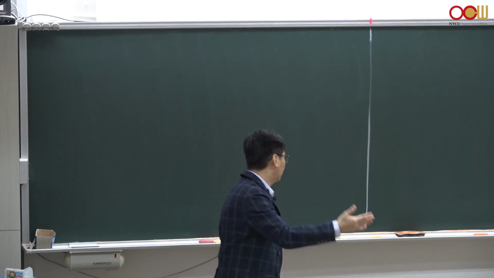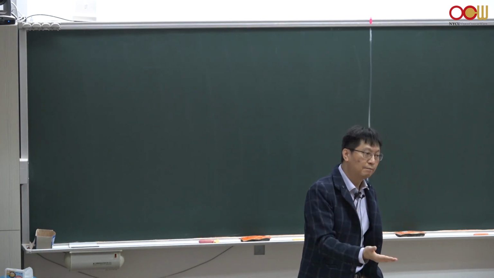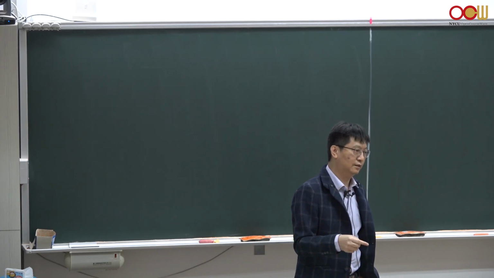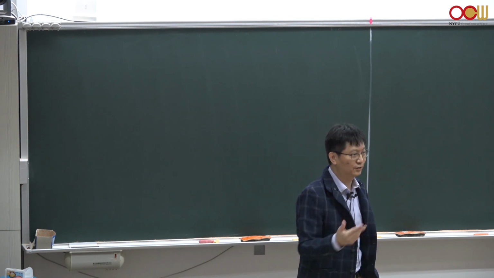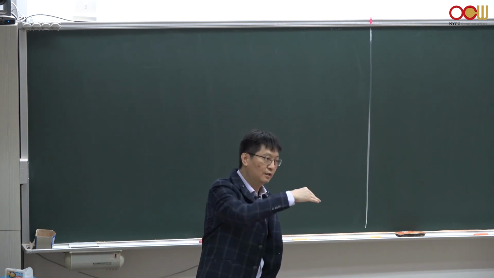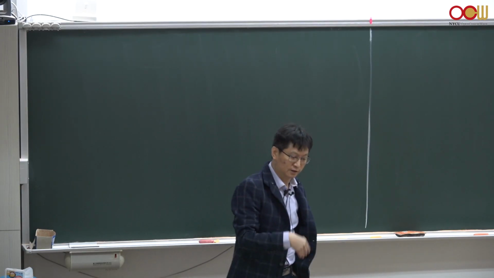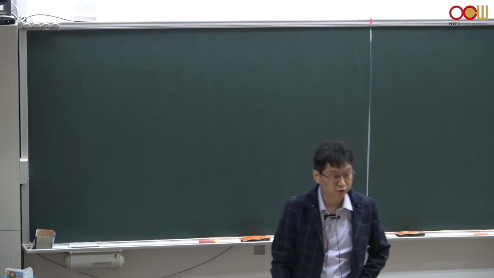Whenever you take a measurement, this particle may be located in different positions. You take 100 measurements, and it may be found at 100 different positions. But they behave like a probability distribution described by the Schrödinger wave function and wave packet.